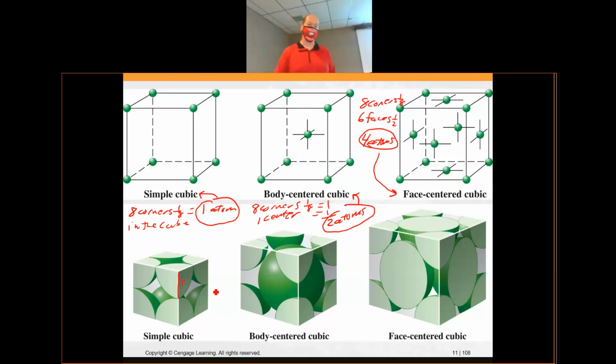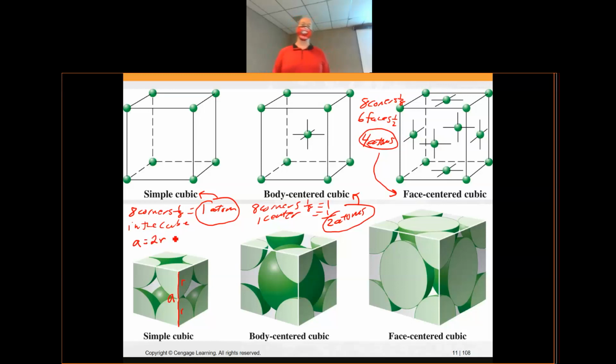All right, so the red line here is a radius. I need to know that length. And this is also a radius. We also know that the length that goes from top to bottom is A. And so this one is very simple. The edge, A, is equal to 2R.